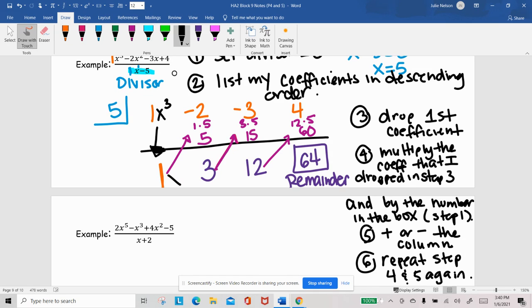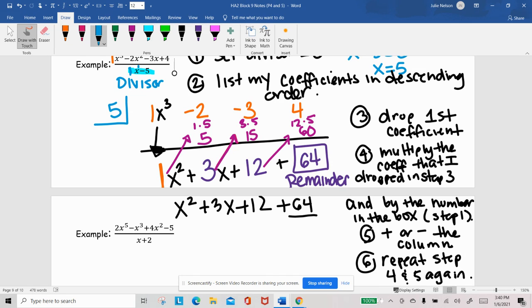So the one on the bottom represents x squared plus 3x plus 12 with the remainder of positive 64. Your coefficients are always one less. So our answer is x squared plus 3x plus 12 with the remainder of 64 over what we were dividing by. We are dividing by x minus 5.